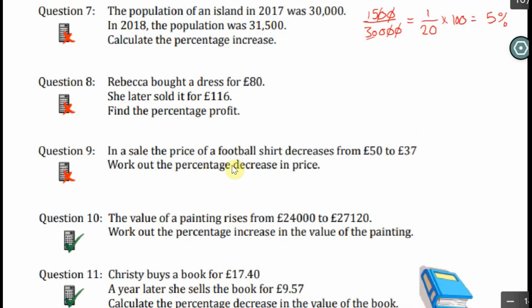Rebecca bought a dress for £80 and then sold it for £116. So the profit there was £36 out of the original 80. 36 over 80, I'll just simplify it down over here, they're both divisible by 4, so that's 9 over 20, 9/20ths. 1/20th is 5%, so 9/20ths will be 45%.